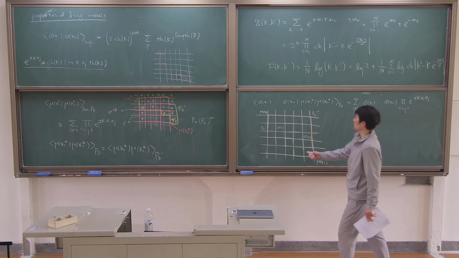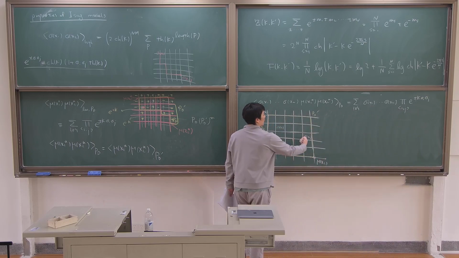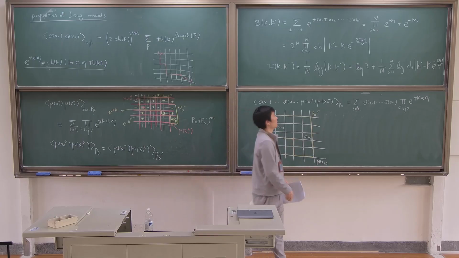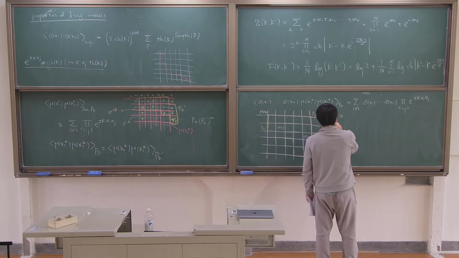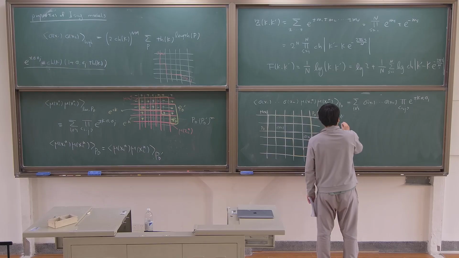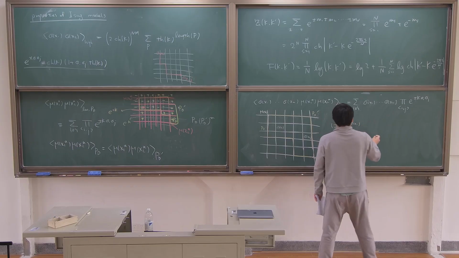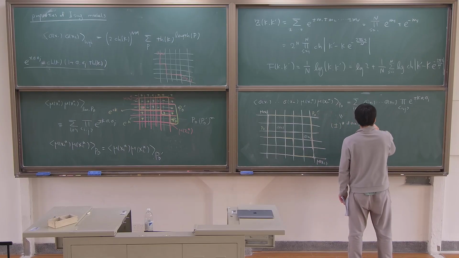So here, this sigma you cannot swap. So therefore, this one is plus or minus the number of sigma xi times sigma x1.